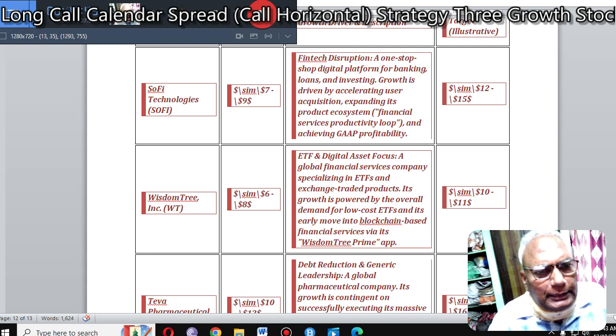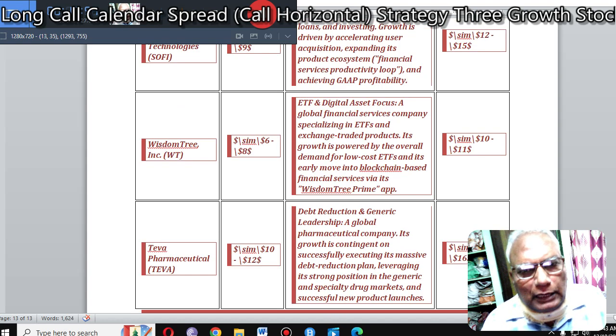Second company is Wisdom Tree, that meaning WT. This current price is $6 to $8. ETF digital assets focus, a global financial service company specializing in ETFs and exchange traded products.